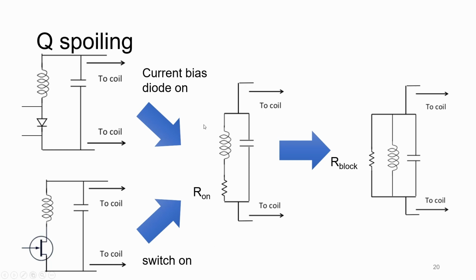And you would represent both the diode and the FET device as an R on, okay? Which translates to a blocking impedance, R block. And the smaller R on is, the larger your R block is, which means the better the Q-spoiling circuit is for blocking currents.